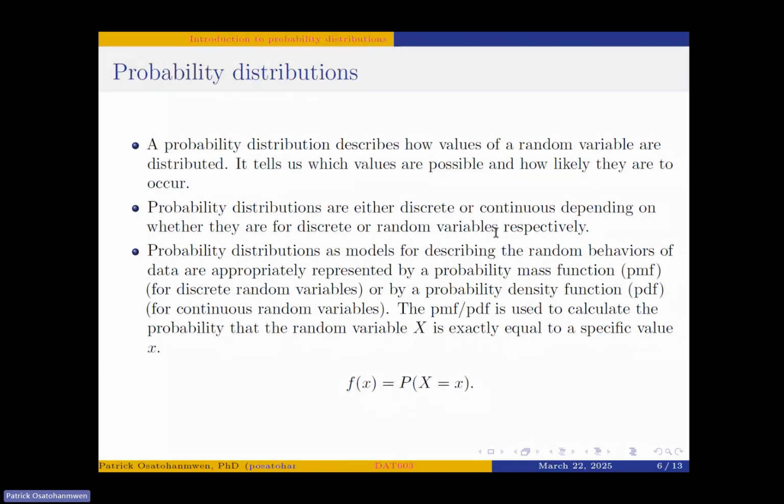Probability distribution helps us describe how values of random variables are distributed. Further, it tells us which values are possible and how likely they are. Put differently, it helps us to compute the probability of the values assumed by a random variable.